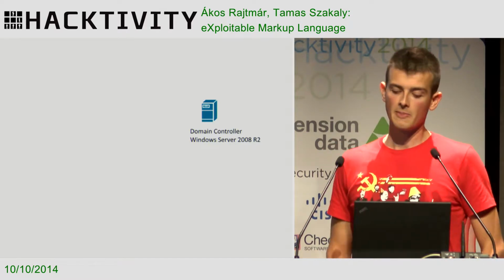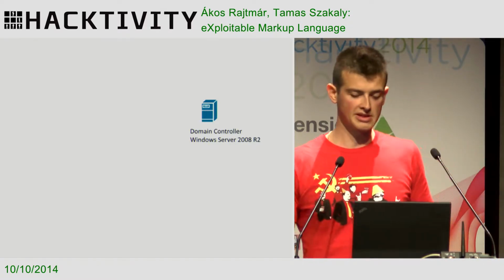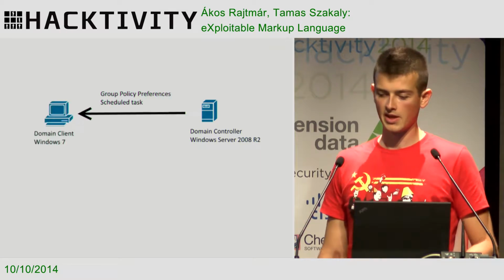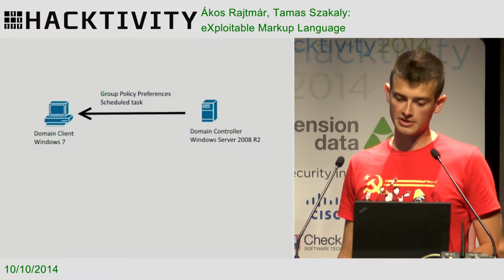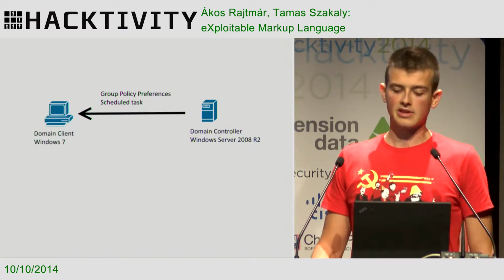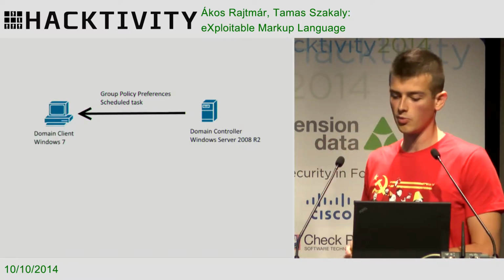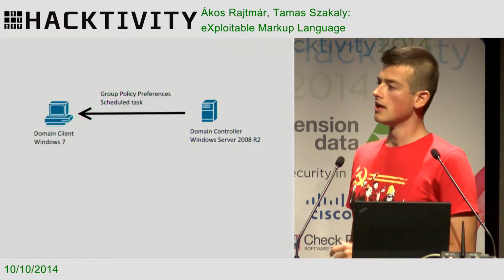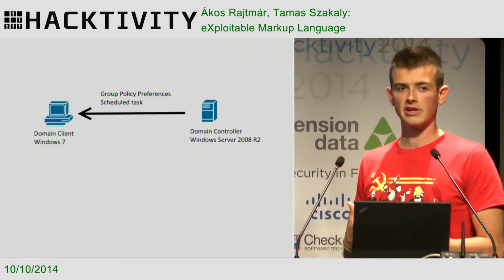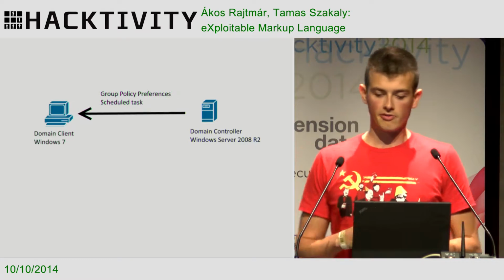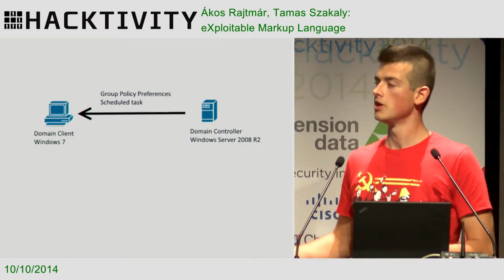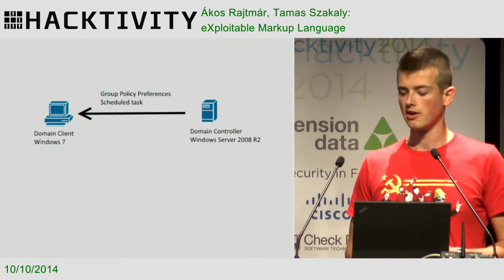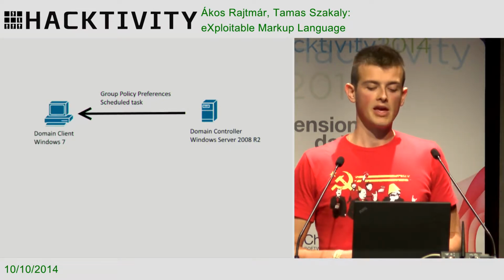We built a demo that includes a domain controller and a client, and we have a domain controller running Windows 7. Between the two, we interpret a group policy preferences setting. If somebody doesn't know what group policy preferences is, it is used to centrally send scheduled tasks to clients in the domain.